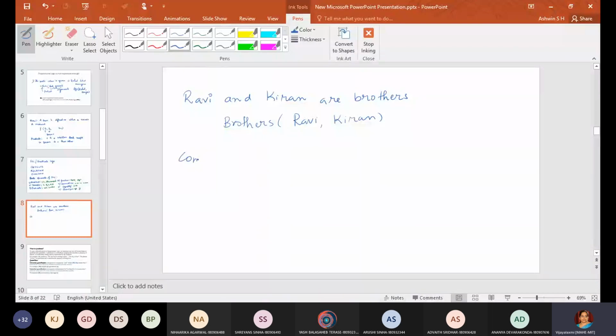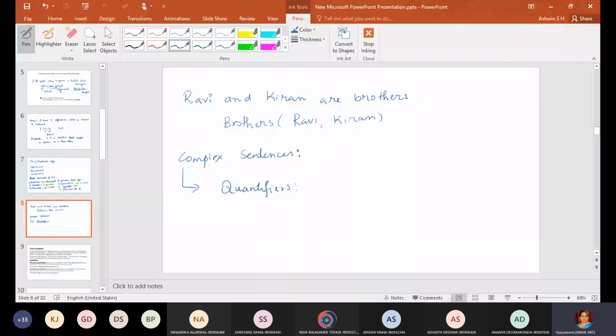When we represent complex sentences, we will have to have a subject as well as a predicate. So there comes the next part, what we call quantifiers. To represent this, we need to have quantifiers.